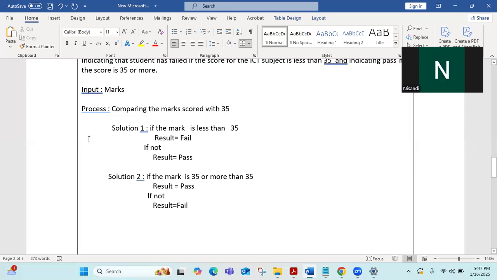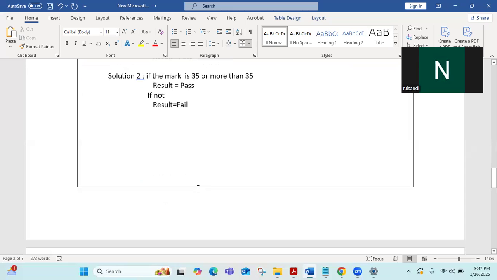Here, if the mark is less than 35, you say fail. But here, if the mark is 35 or more, you put pass. Clear? Yes, sir.